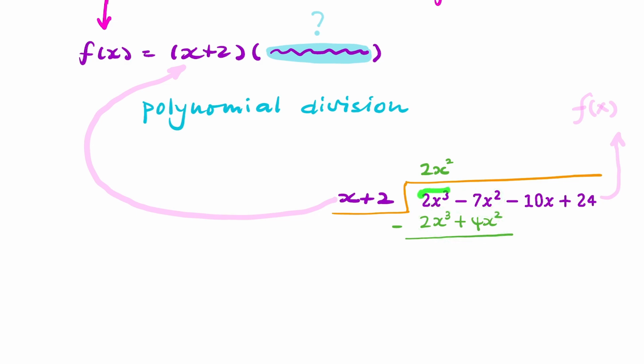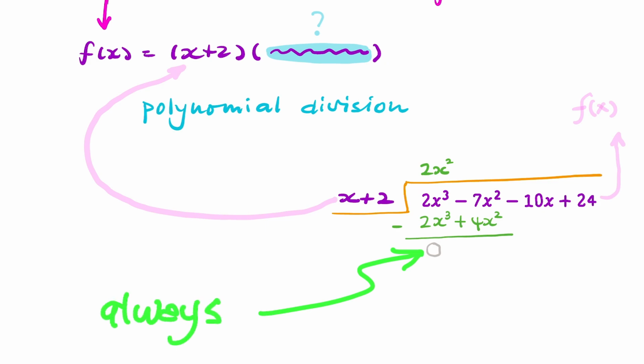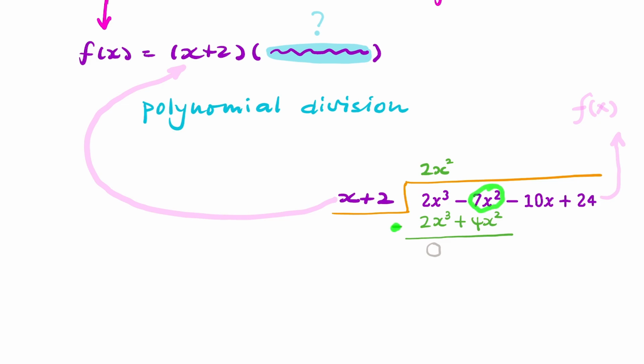So naturally, these two, because they're the same, you should get a 0. So you should always expect to get a 0 first. And then negative 7x squared minus 4x squared will give you negative 11x squared.